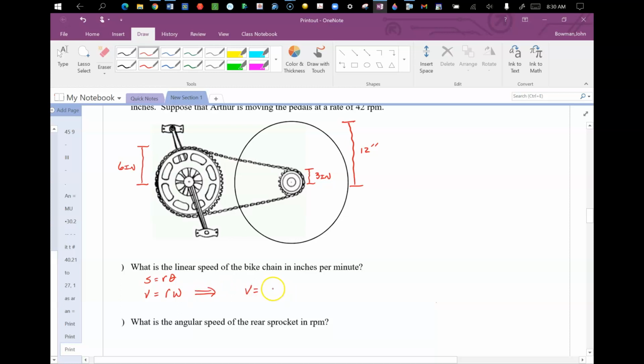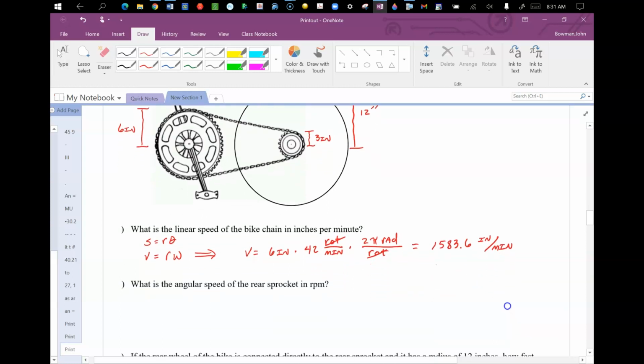And V is equal to 6 inches times 42 rotations per minute times 2 pi radians per rotation, and the rotations cancel out, and remember, radians are dimensionless. So what we end up with here is about 1,583.6 inches per minute is the chain speed.